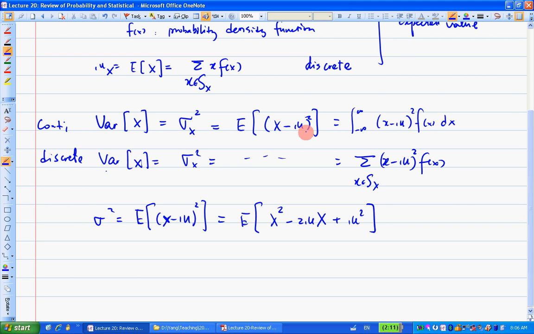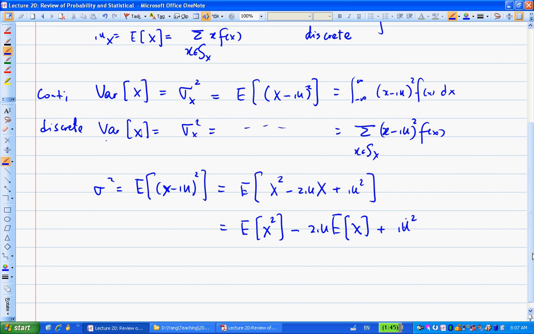Technically, I should put a subscript capital X under the mu. So E of this equals E of X squared minus 2 mu E of X, since mu is a constant and you can take it out of the bracket, plus E of mu squared. The expected value of a constant is itself, so that's just mu squared.